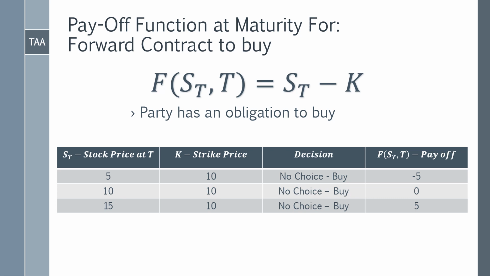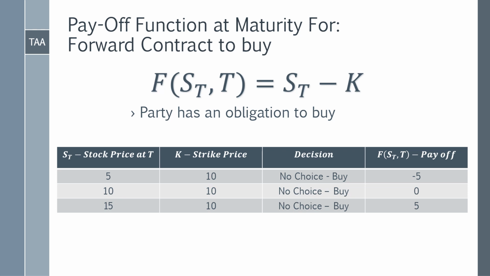So the formula is the stock price at maturity date capital T minus the strike price. Here, there is no right, there is no option to buy. Everything is an obligation. So as we see, in the same situation, if the stock price is $5 and the strike price is $10, it means we can buy a $5 stock for $10. Would we do it? Well, ideally not.